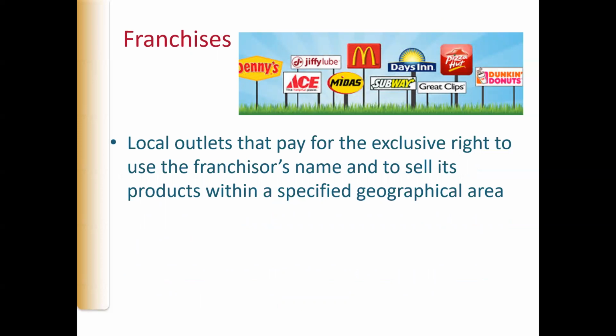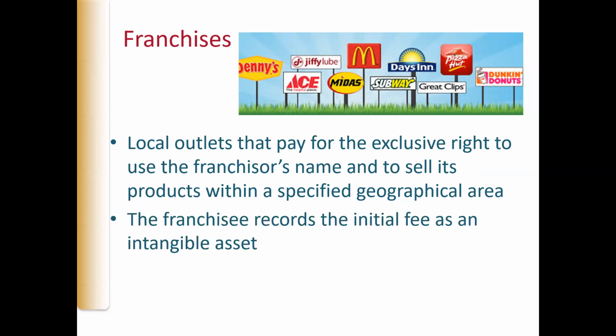Now, franchises are when you have an exclusive right to use the franchisor's name and to sell its products within a specified geographical area. You're seeing some of these that are real common: Jiffy Lube or Ace or Midas or Subway, McDonald's, Great Clips.